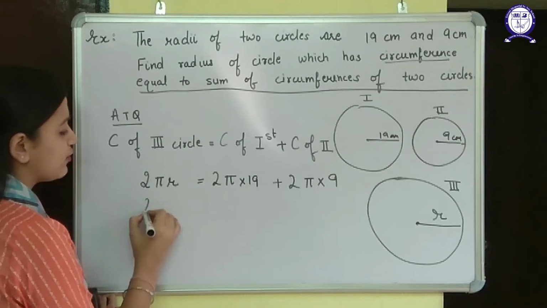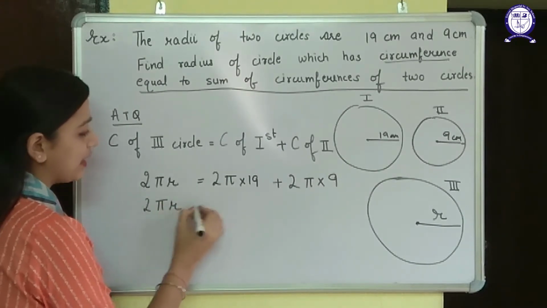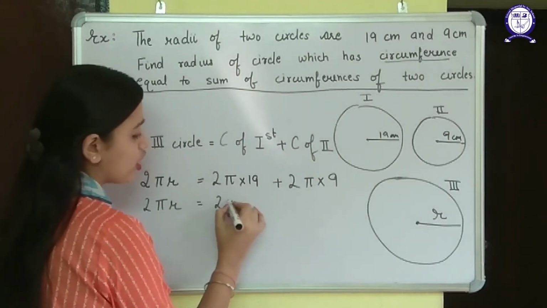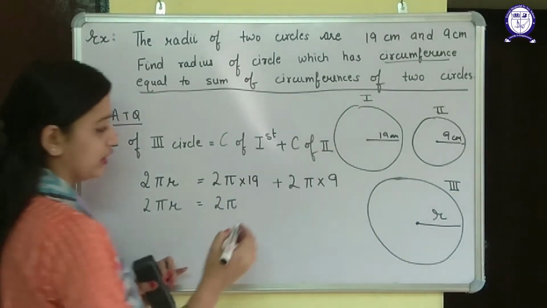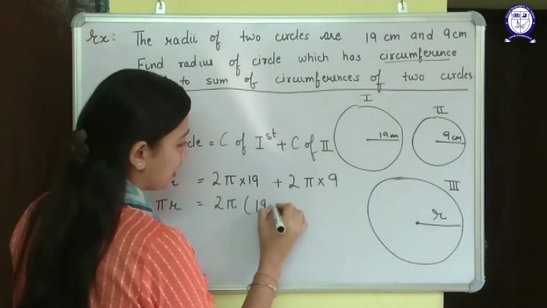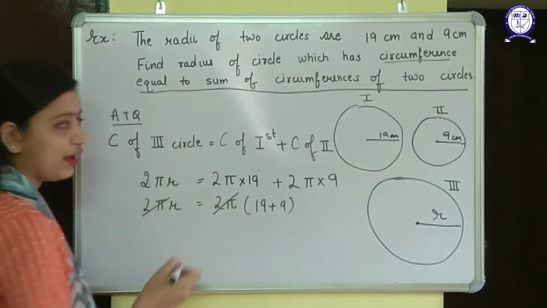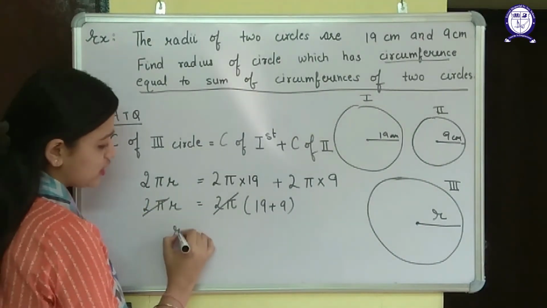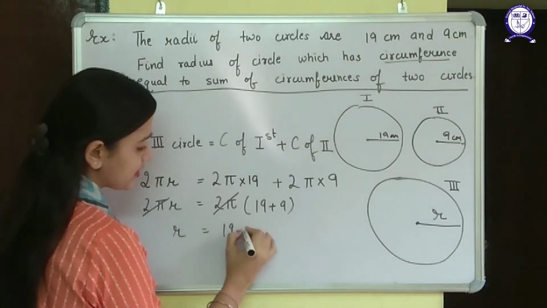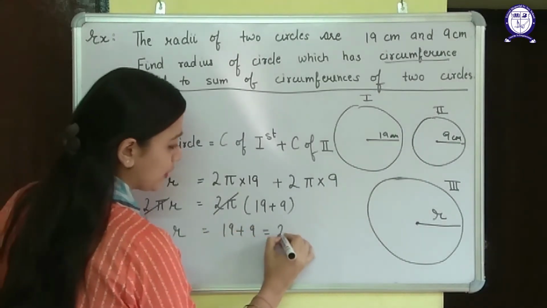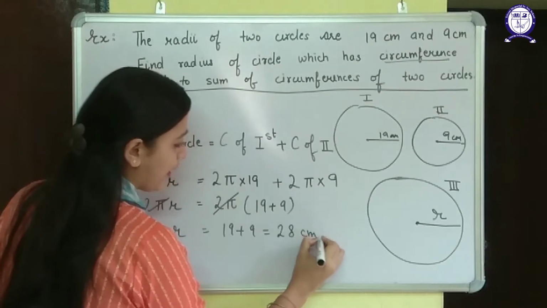In this equation, I can take 2 pi common because 2 pi is with both the terms, so it is 19 plus 9. And I can cut 2 pi from both sides. So the radius will be 19 plus 9, that is 28 centimeters.